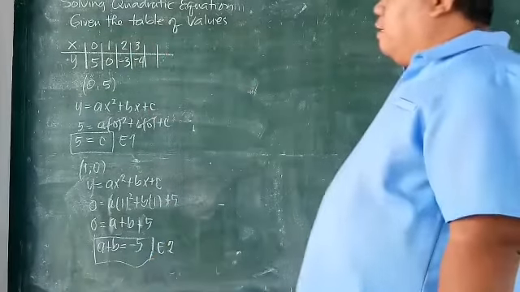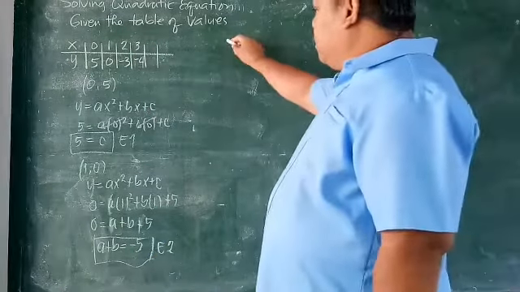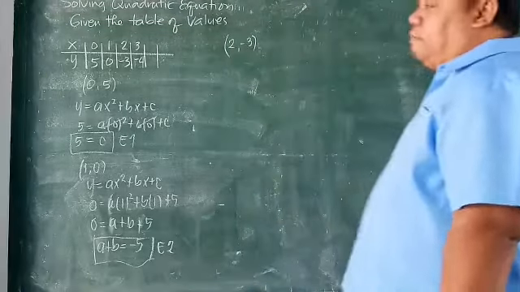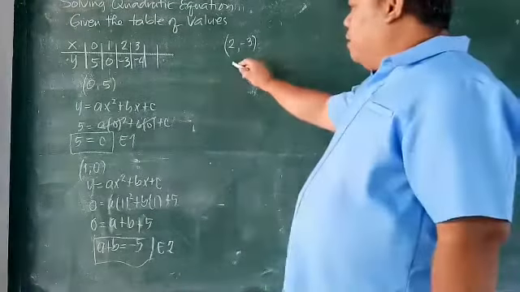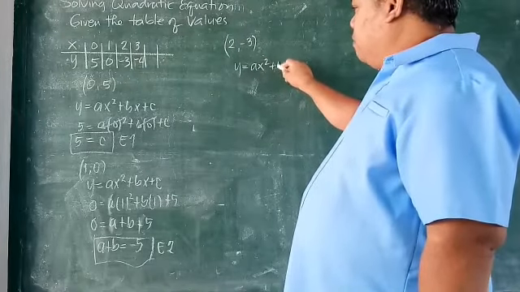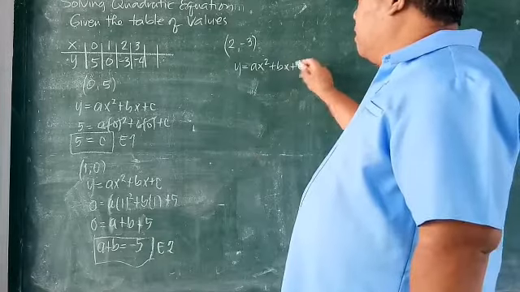Now, let's get the third point. The third point is 2, negative 3. Again, y equals ax squared plus bx plus c.